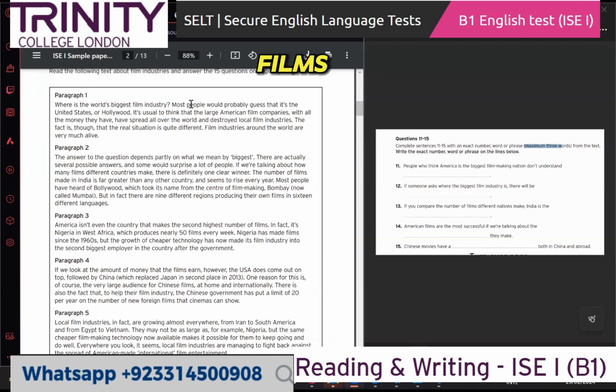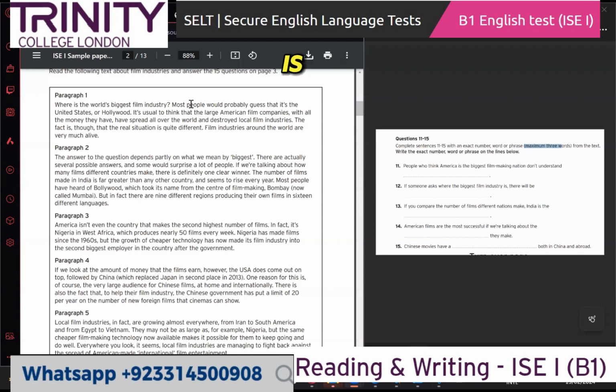The number of films made in India is more than in any other country, some 1,000 in a year. Most people have heard of Bollywood, which takes its name from the center of the film-making industry, Bombay, now called Mumbai. But in fact there are 9 different regional production centers there, making films in 16 different languages.